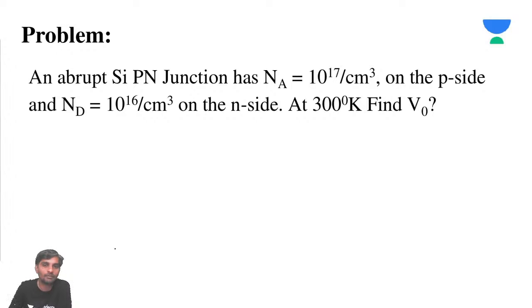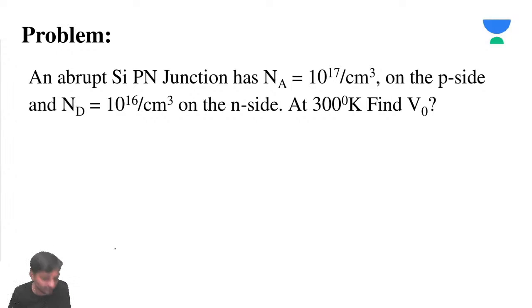An abrupt silicon PN junction has Na equal to 10 to the power something on the P side and Nd on the N side. Did we discuss this problem yesterday?